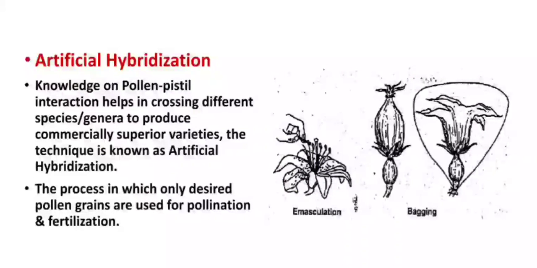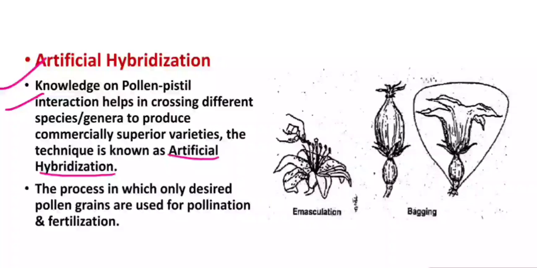Now, artificial hybridization. If we have knowledge of pollen-pistil interaction, we can manipulate or cross different species of plants to produce superior varieties, and the process used for producing superior varieties is known as artificial hybridization.